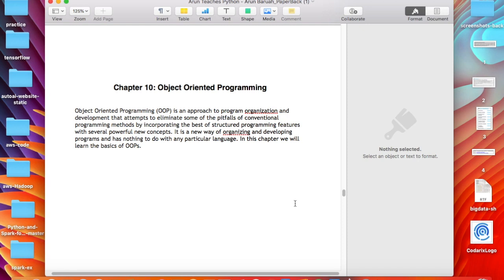Okay, it is a new way of organizing and developing programs and has nothing to do with any particular language. So if you know the object oriented programming system, you can apply this concept in almost any object oriented programming language.